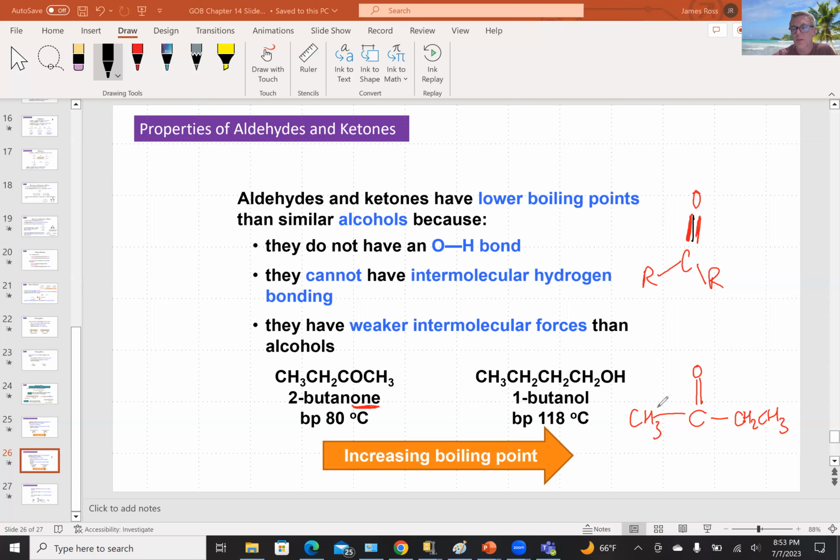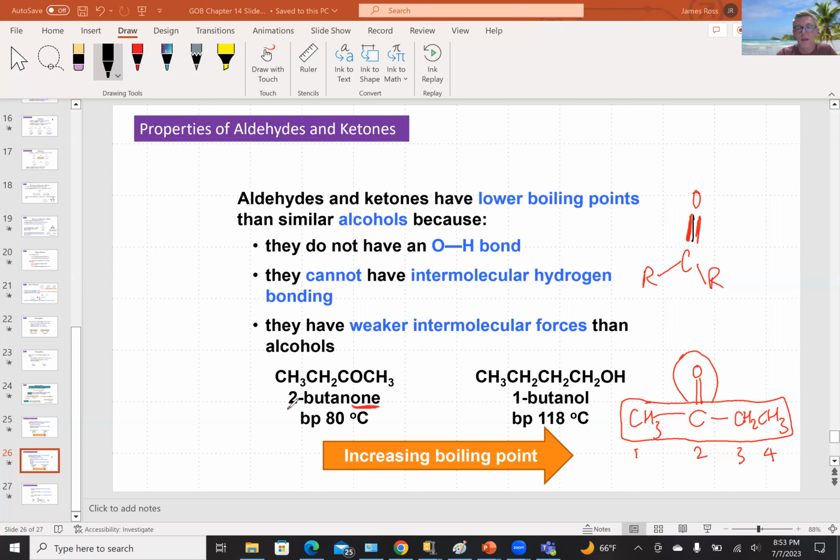So again, I want to look at the longest continuous chain of carbons. Here it's 4. It's a ketone, so butanone. And I have to tell you where the carbonyl is. I want to give it the lowest possible number, and here the lowest possible number I can give it is 2. So it's 2-butanone.